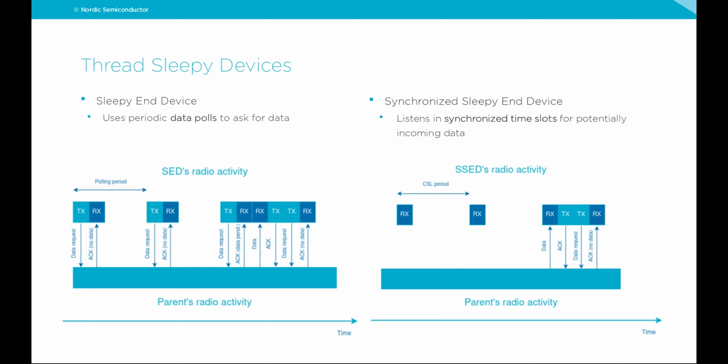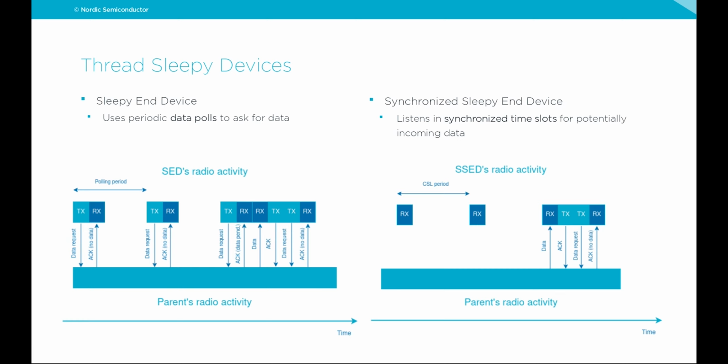ICDs and their parameters have significant impact on the power consumption, but it's only a configuration on the Matter layer. However, underneath, on the networking level, we also have some mechanisms that may impact the device behavior. So Thread protocol uses the sleepy devices concept, and we have two kinds of such devices, sleepy end device and synchronized sleepy end device.